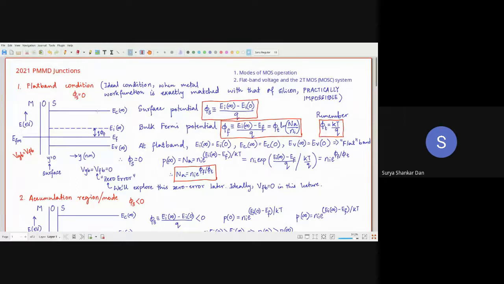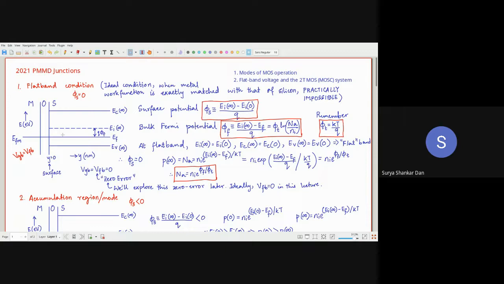Now we will begin with an idealized situation which is never going to happen. Please remember that this is practically impossible: that the metal work function, that means from infinity, the vacuum level, to EFM, and from the vacuum level to the EF of the semiconductor, are exactly matched.